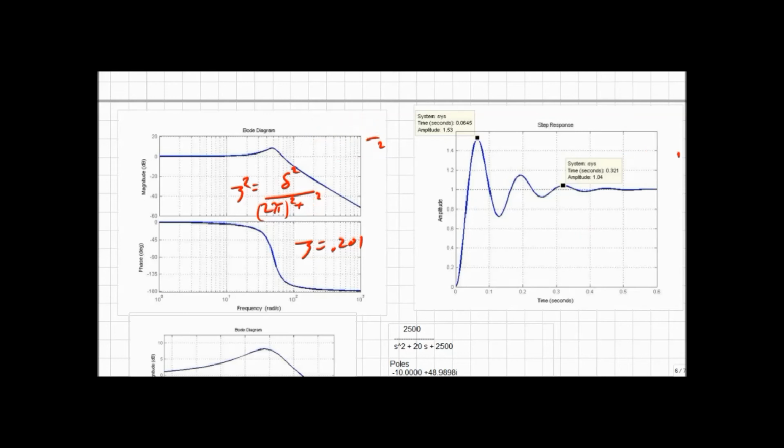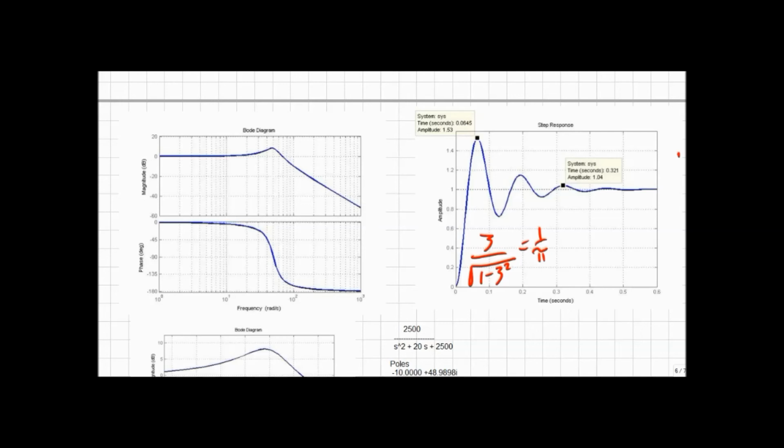Our overshoot equation is another one of these: zeta over square root of 1 minus zeta squared, because basically we're looking at the ratio of the time response, and it all works out like this: equals 1 over pi times the log of (yf minus y0) over OS, or overshoot.